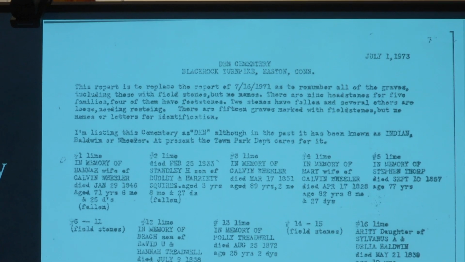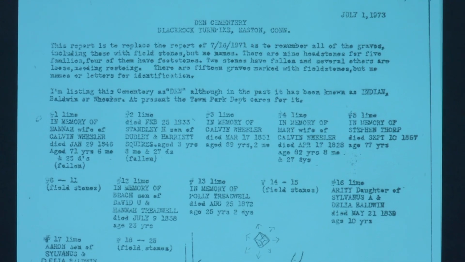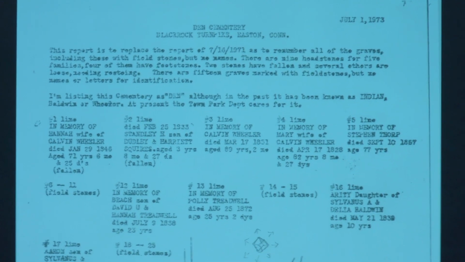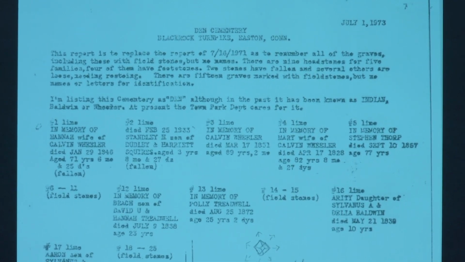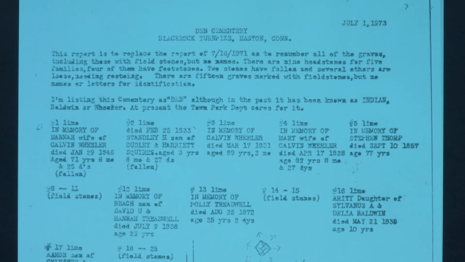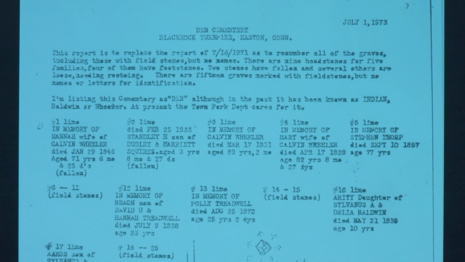This is really important because, as you might imagine, headstones over time continue to be exposed to erosion from wind and water, and they fall over. There are a number of things that can happen in 50 years, 100 years, 150 years, where they no longer maintain those engravings.